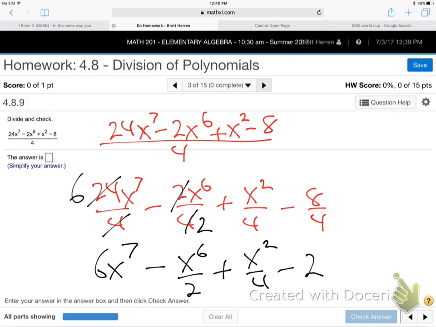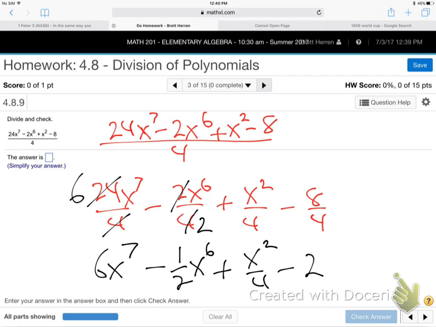So for the answer, we would do like x to the 6th over 2. Would it mark us wrong if we did 1/2 and then x to the 6th? Good question, good question. So what if instead of x to the 6th over 2, we put 1/2 x to the 6th, like that? Let me ask you, are these the same or are they different?